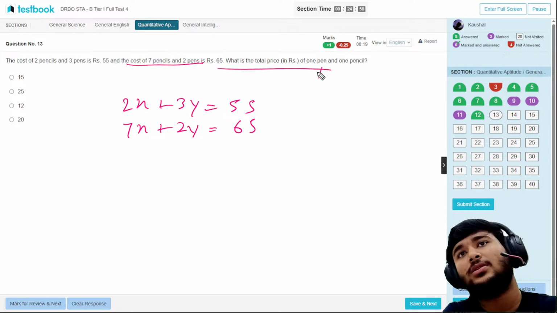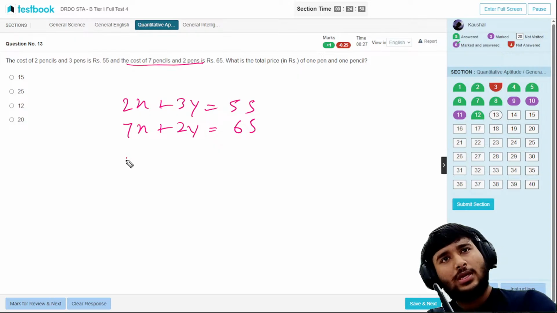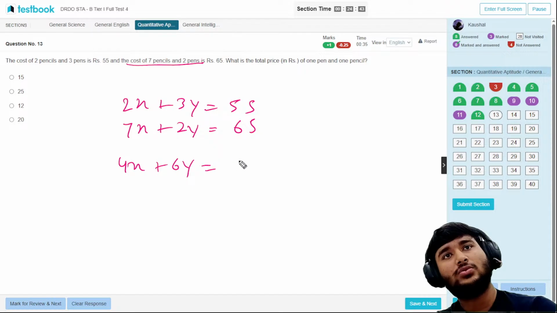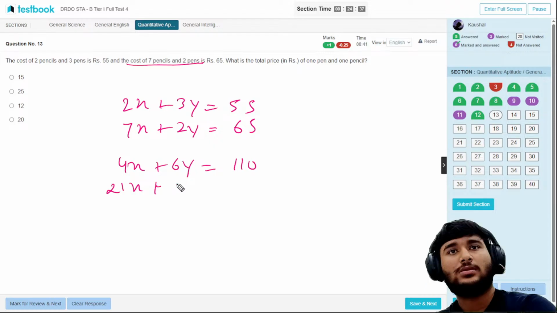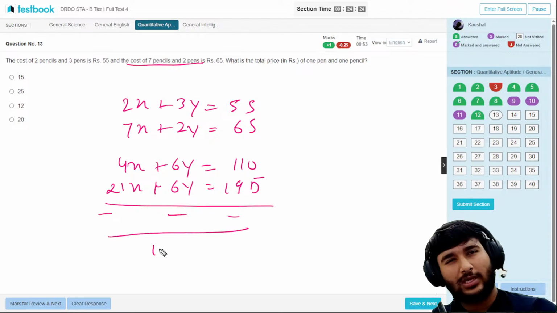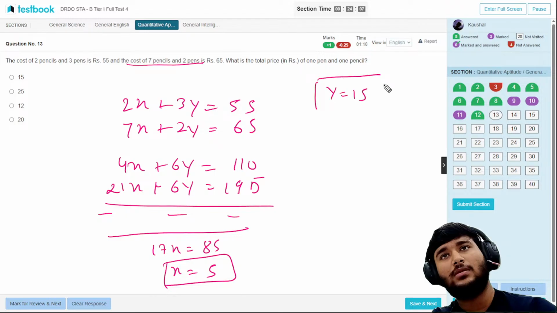Then what is the total price of 1 pen and 1 pencil? 6x plus 9y, 4x plus 6y equals 110. 7 3s are 21x plus 6y. 5 3s are 15, 6 3s are 18, 195. 117x equals 585, x equals 5. 10, 45, 15, y equals 15. So both together cost 20 rupees.